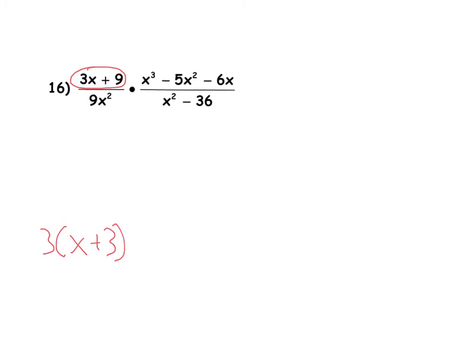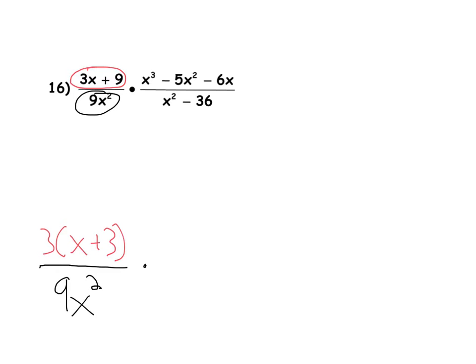That one's not too bad. Moving right along, 9x squared is just one term by itself. No friends. Ooh, that's kind of sad. Can't factor anything. One term, nothing to divide by. And so that's just 9x squared.